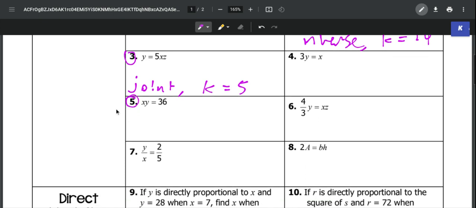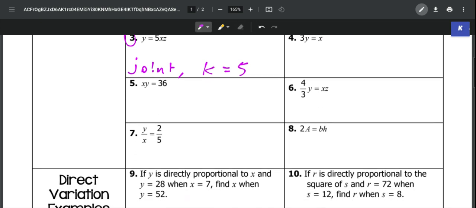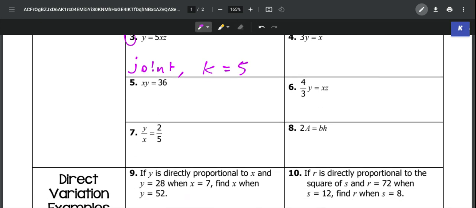The only thing that you've got to do on number 5 is just set this up to y equals. That way we can figure out if this is joint variation or inverse. So we would have to divide by x on both sides, and we would get y is equal to 36 over x. And now you can see that's an inverse variation problem. So we would say inverse and k equals 36.